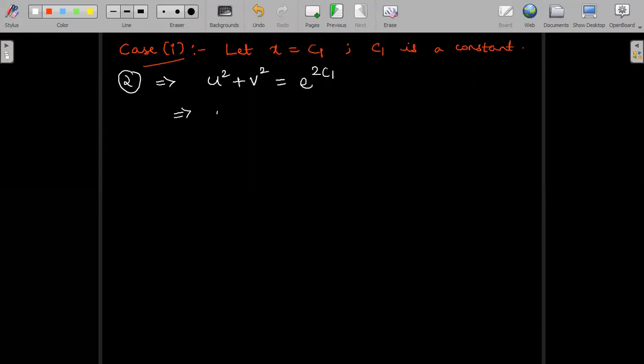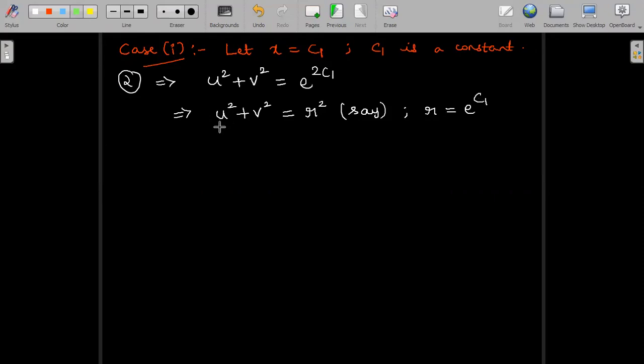So this gives us u square plus v square is equal to, say r square, where we have denoted r is equal to e to the power c1. So we have the expression in the form u square plus v square is equal to r square. So this represents a circle in the w plane with center at the origin and radius equal to r.